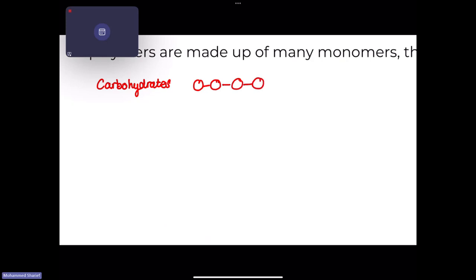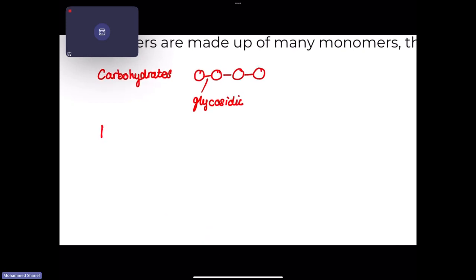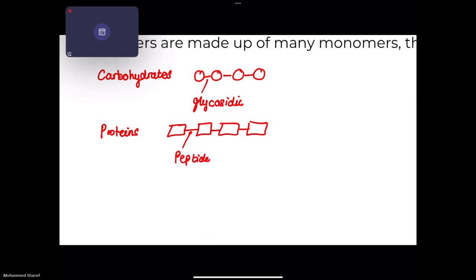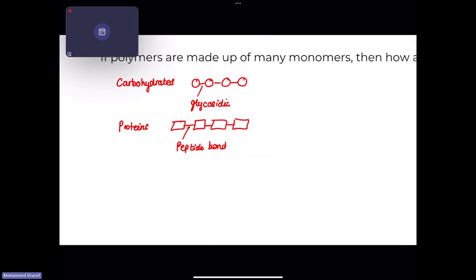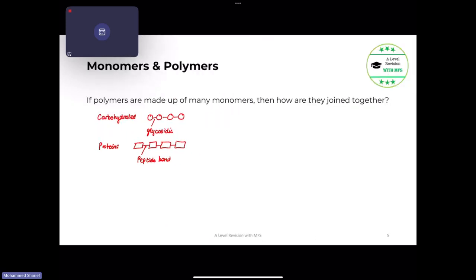The name of the bond is called glycosidic. In proteins, we've got many amino acids which are joined together, such as this, and the bond here is called a peptide bond. Okay, and so on. I'll just give these two as examples.